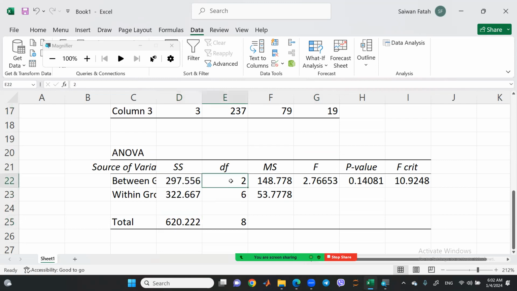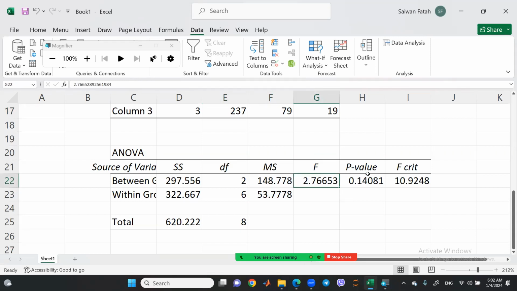And this is K minus 1, this is N minus K, this is N minus 1. These are obtained by this one divided by this one. This one divided by this one is that. Then F calculated is this one divided by this one.